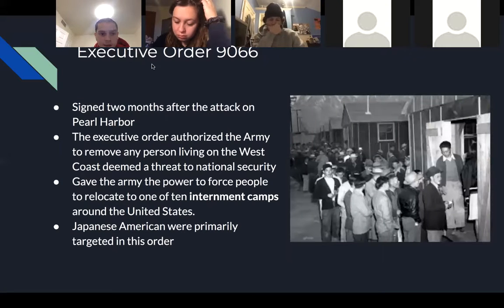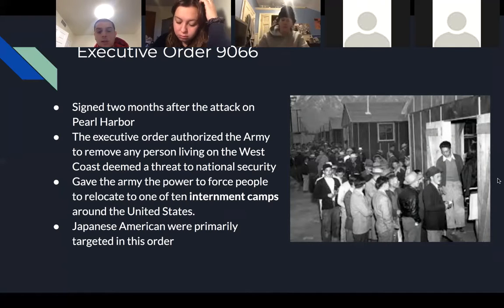And so Executive Order 9066 was signed 2 months after the attack on Pearl Harbor, and it essentially authorized the Army to remove any person living on the West Coast deemed as a threat to national security, which basically just meant Japanese Americans after the attack.